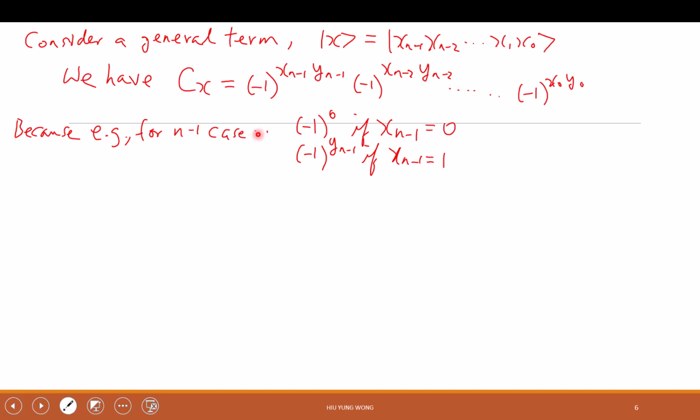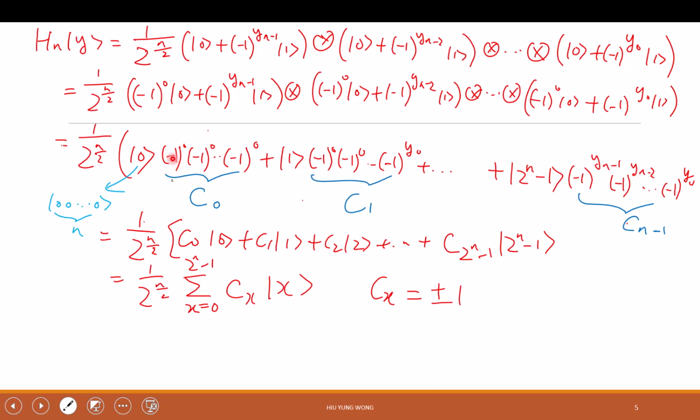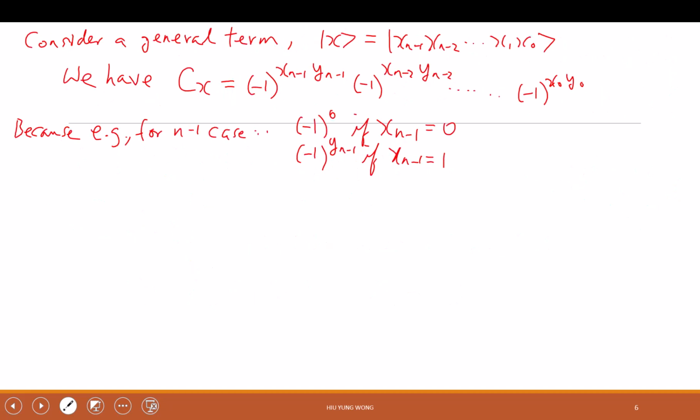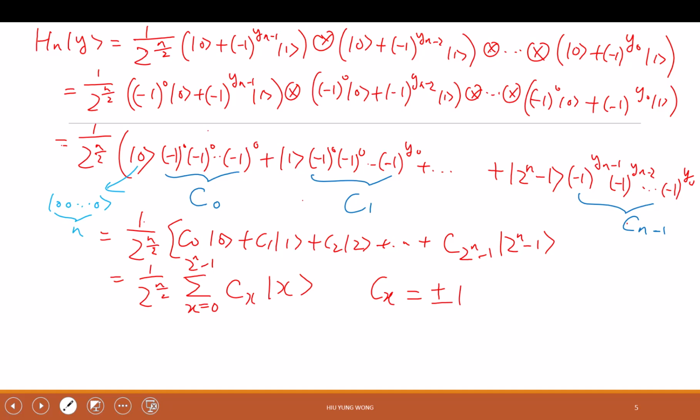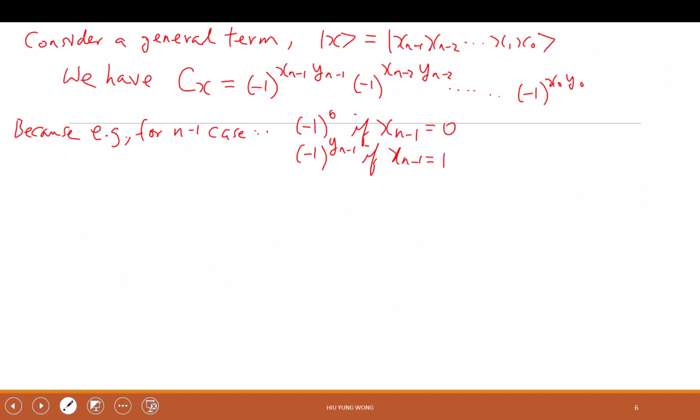The n minus 1 location, if this is equal to 0, then it means you get negative 1 to the power 0 during the multiplication. If this is equal to 1, then you would get negative 1 to the power yn minus 1 during the multiplication, right? And that is what I'm trying to say. If xn minus 1 equals 0, you get negative 1 to the power 0 during the multiplication. Otherwise, you get negative 1 to the power yn minus 1.